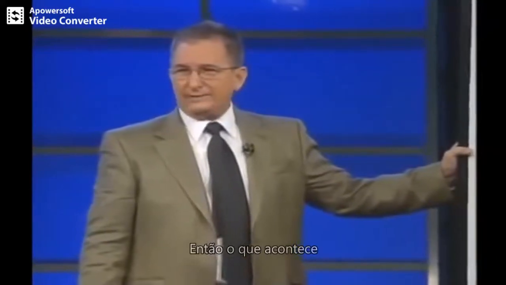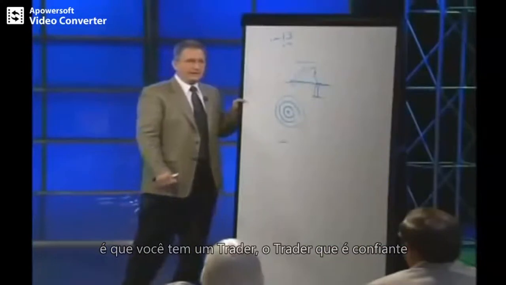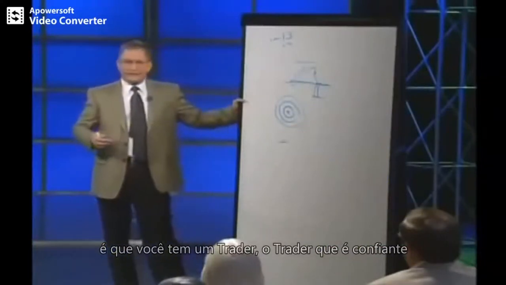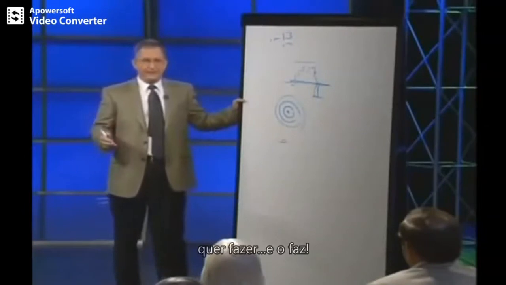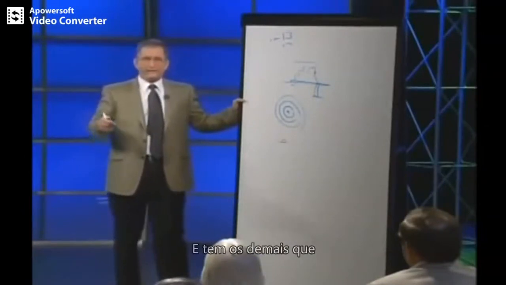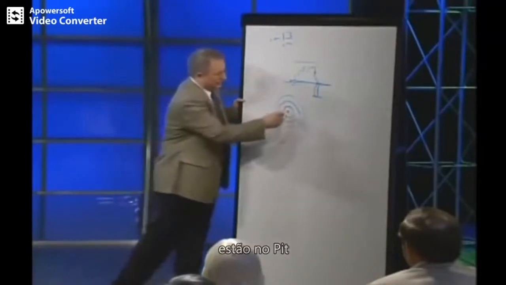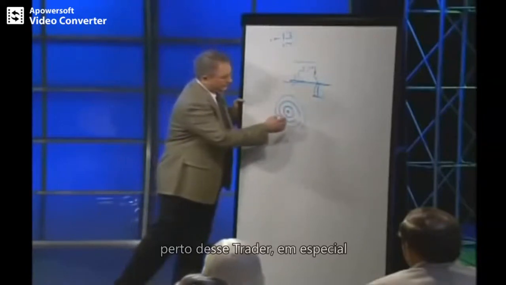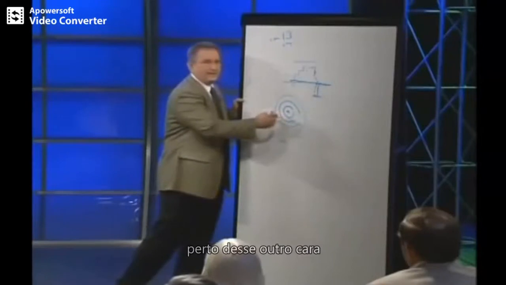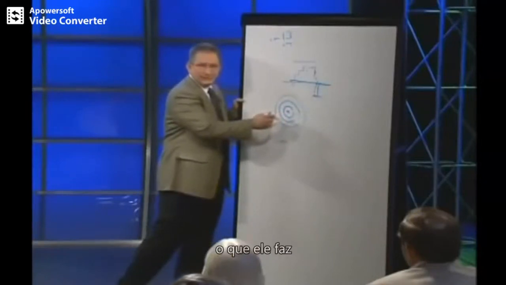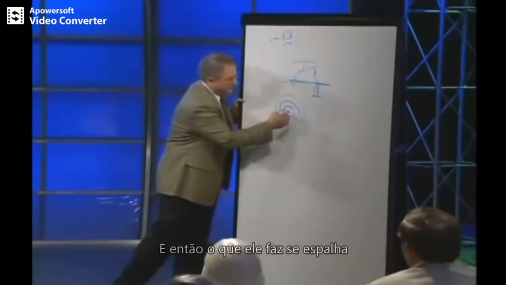So what ends up happening is you've got the trader who's confident, knows exactly what he's doing, why he wants to do it, and does it. And then you've got all the other guys in the pit who are closest to this guy, that will mimic what he does. And then it starts spreading out.